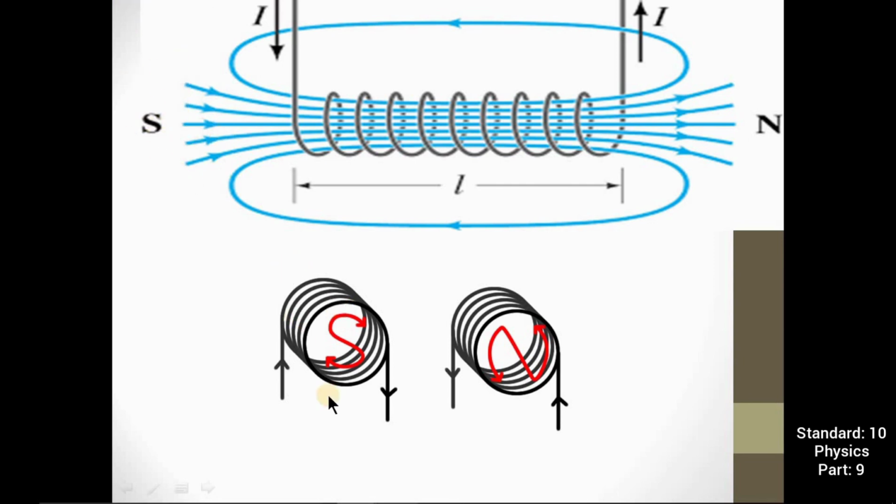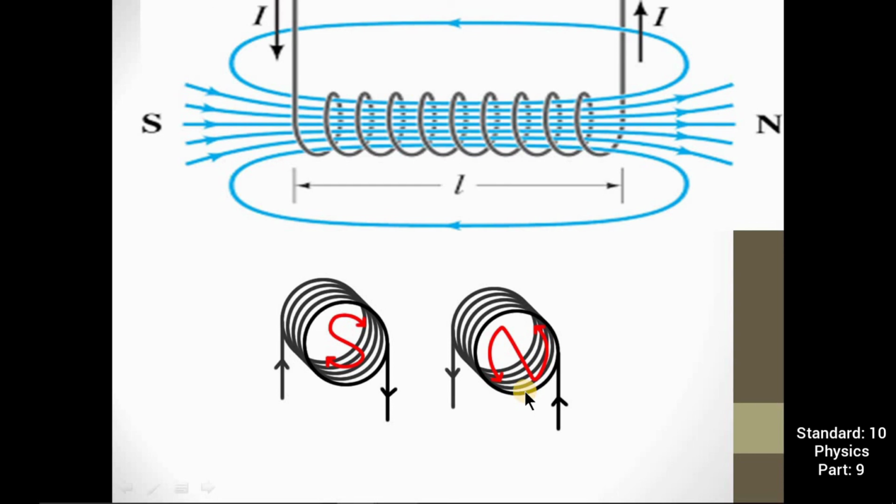If you see that current is passing in a clockwise direction, then that side will be south. If the current is passing in an anti-clockwise direction, then that side will be north. In the coil, when current flows clockwise, that part will be south, and if the current is moving anti-clockwise, that part will be north.